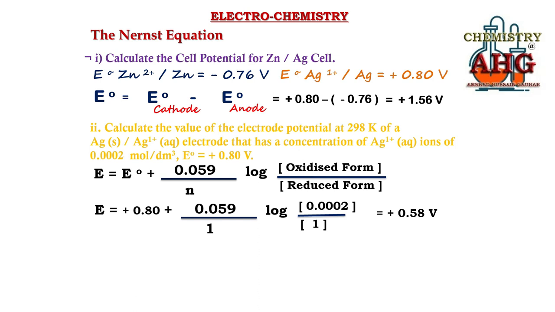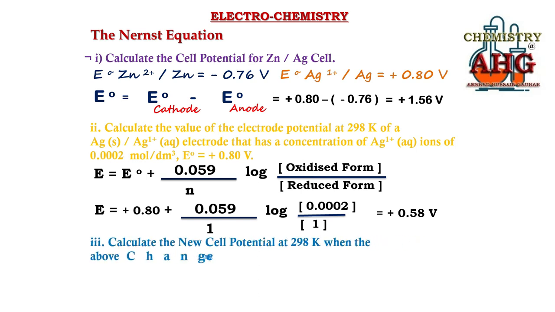Now, based on this change in the non-standard electrode potential, you will be asked to calculate the new cell potential. The formula of the cell potential will remain the same: reduction potential of cathode minus reduction potential of anode. But as you can see, the reduction potential of the cathode has decreased.